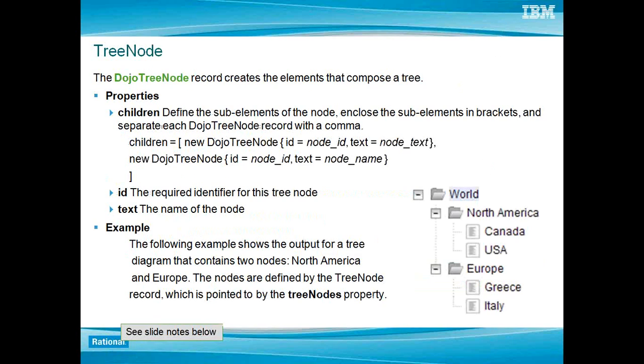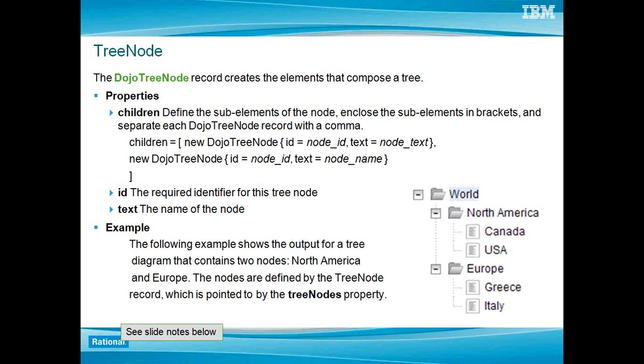Here we have an example of this tree node widget. If you see, we have a tree. Here we can use some graphics or images beside each node, and we can have a hierarchy of different items within the tree.